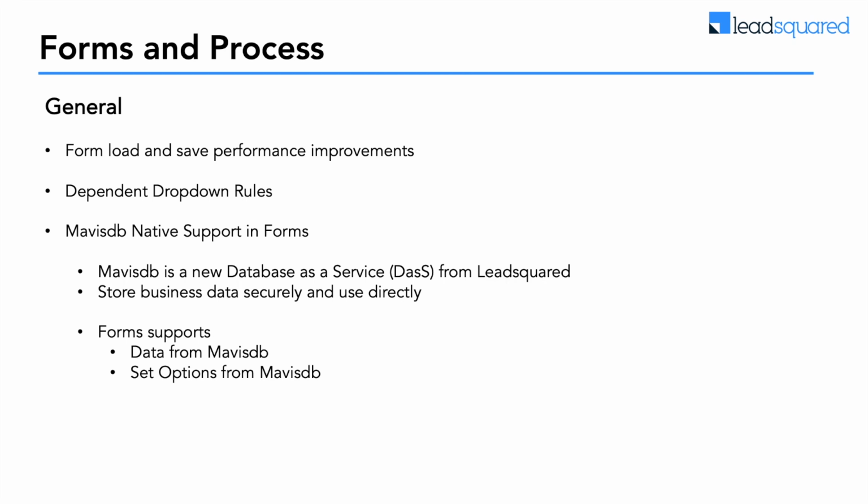Let's say you have only one branch in Karnataka, in Bangalore, and someone has selected a particular course, and that course is also available only in Bangalore. So you say if course is this and state is Karnataka, put Bangalore as the city by default. These help the sales user move faster because it removes a lot of unnecessary load on them.